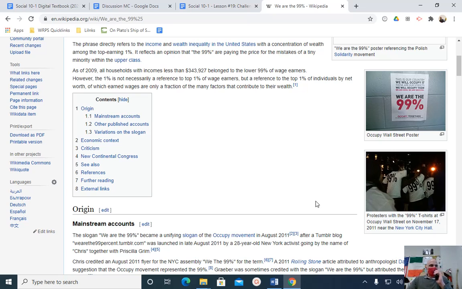And what they were trying to present, their narrative, their story, is that we are the 99%. We are the majority, right? 99%, that's almost 100%. We are the majority. Why do the members of the 1% have so much more opportunity and power than we do? Why does the 1% have more power than the 99%? It doesn't seem equitable. It doesn't seem fair.